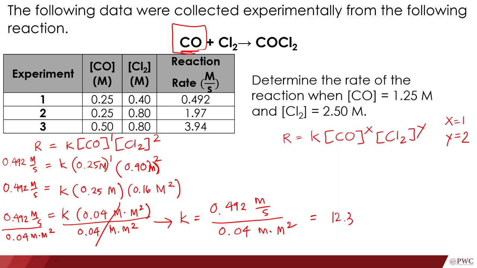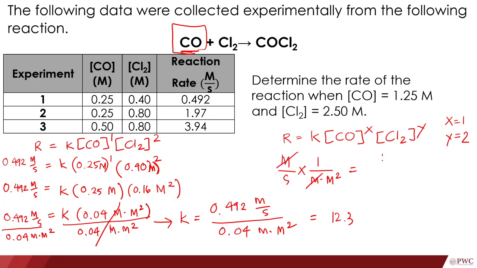12.3, and what's the unit here? That's molar per second divided by molar times molar squared. So of course that's molar per second, then multiply by the inverse of this one, that's equal to 1 over molar times molar squared. We can cancel this one.